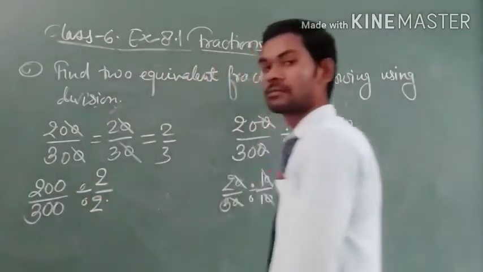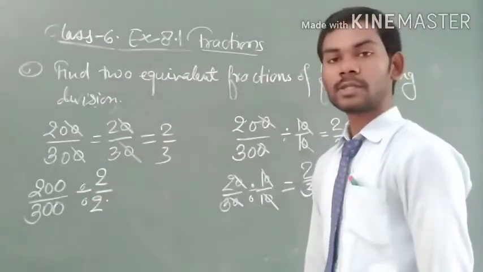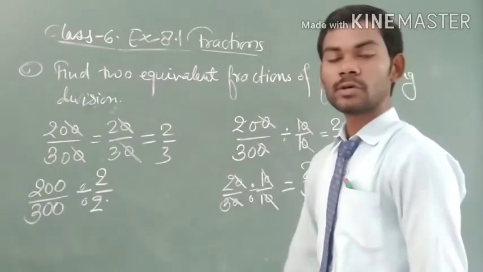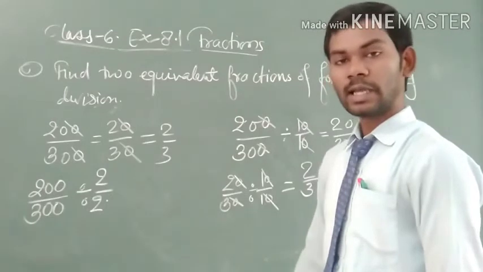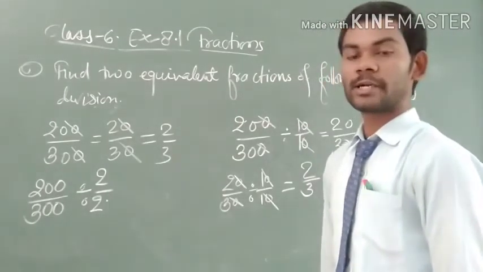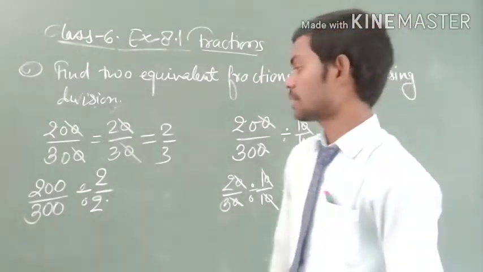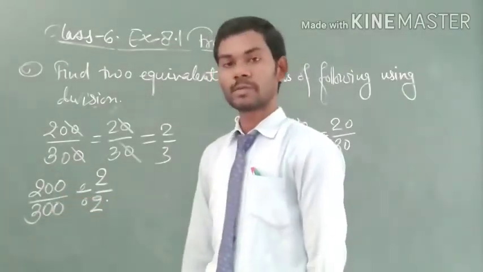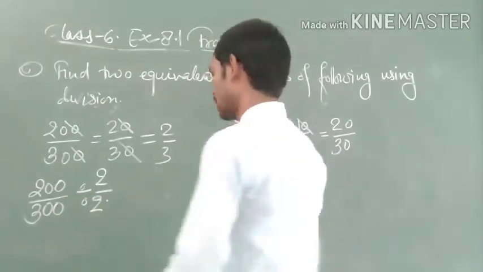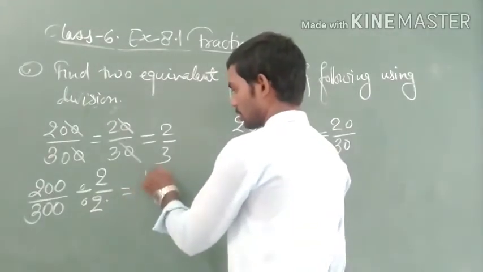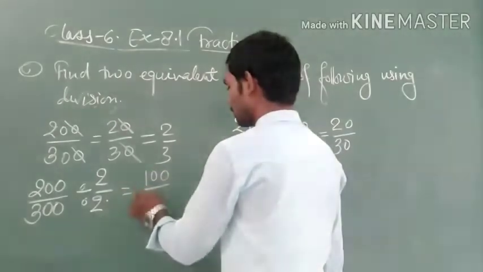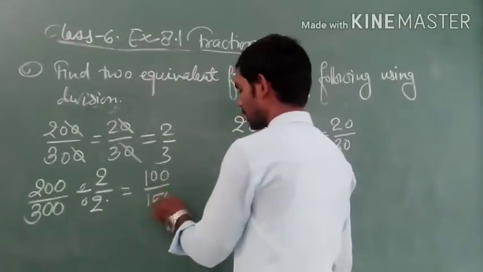We know that those numbers in which the unit place is 0, 2, 4, 6 and 8, all these numbers are divisible by 2. So these two numbers are divisible by 2, and hence here we get 100 upon 150.